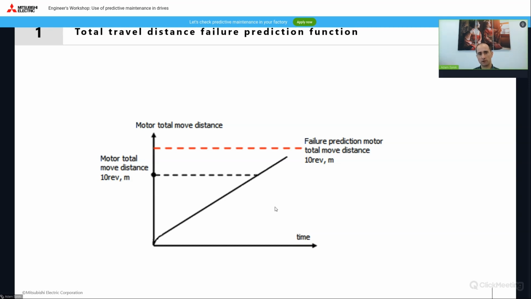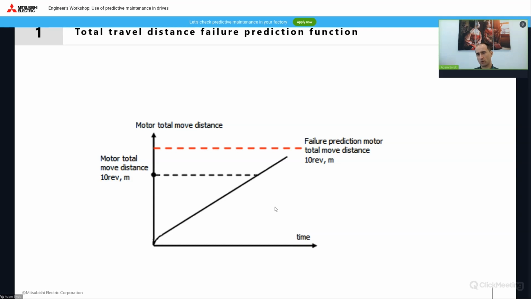So using this function, we can measure the distance that was made by the axis on the amplifier, but we also use this functionality in other functionalities that I will describe later on.